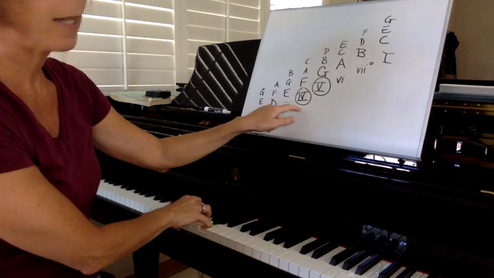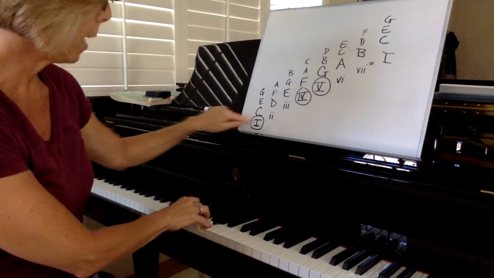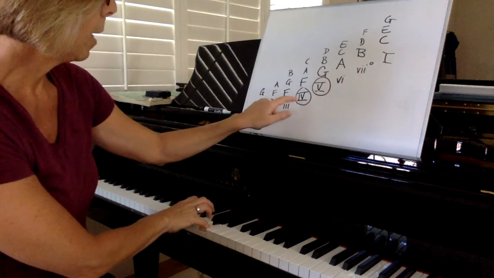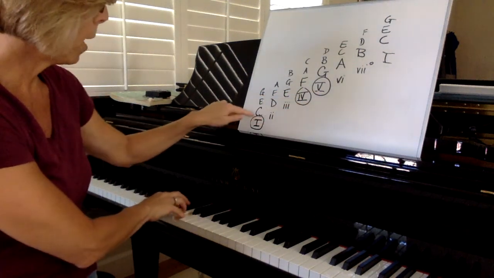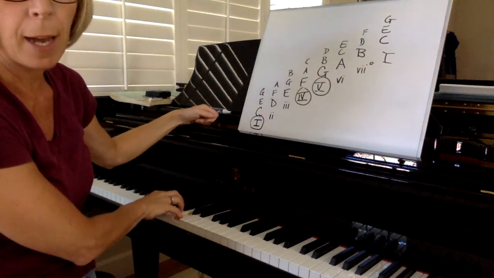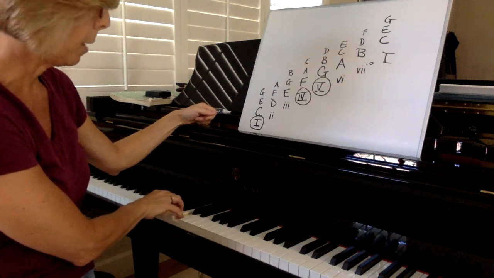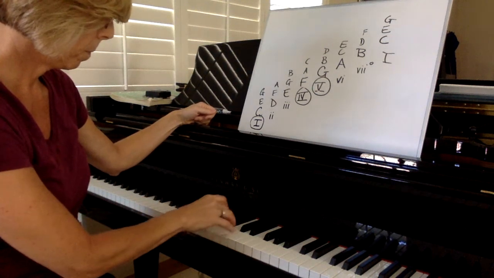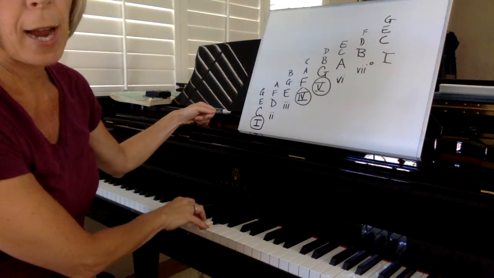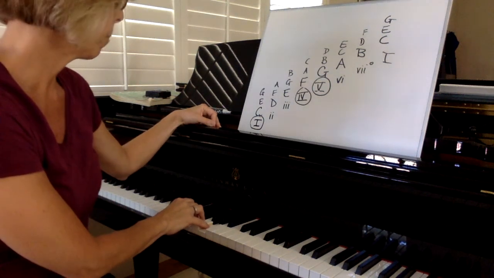And the subdominant, we call it subdominant because it's a fifth below the tonic, right? The dominant is 5 above, 1, 2, 3, 4, 5. And the subdominant is 1, 2, 3, 4, 5 below the tonic. So dominant, subdominant. You hear those three triads a lot in music. They're used to harmonize melodies.